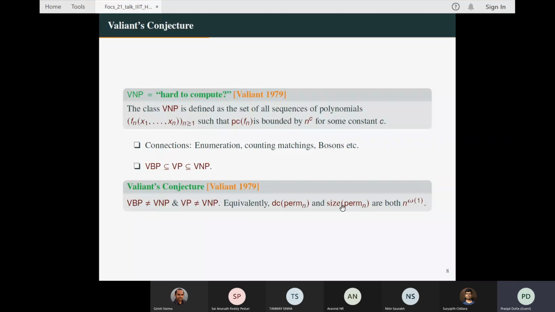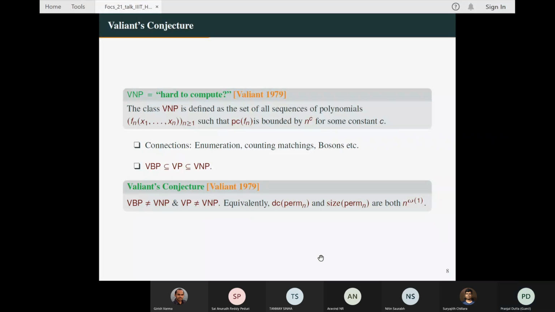So in terms of determinant complexity and size, VBP not equal to VNP really means that permanent does not have small determinant complexity, and VP not equal to VNP means permanent does not have small circuit size. So they both should be super polynomially large. In fact, we expect this to be exponentially large, but even super polynomially large suffices.